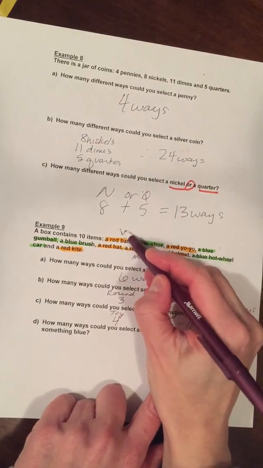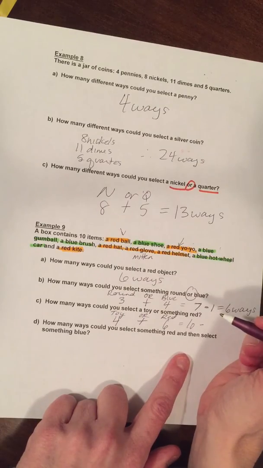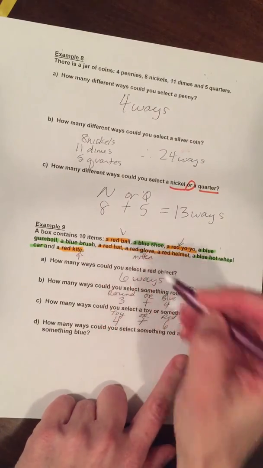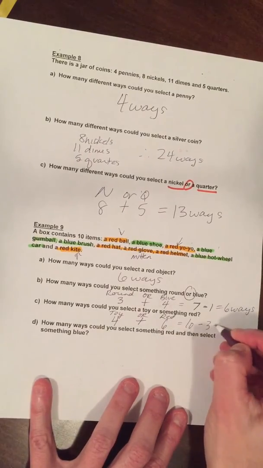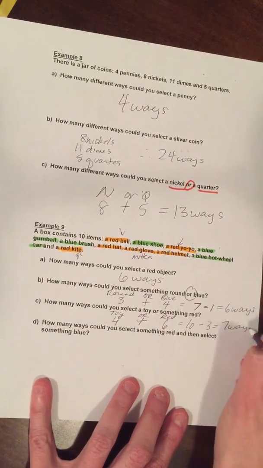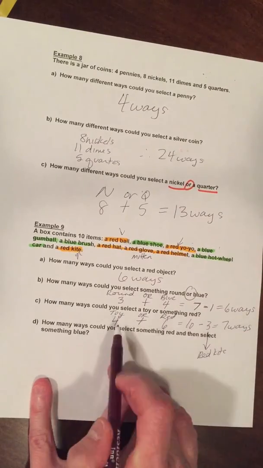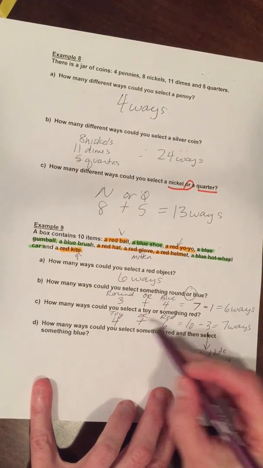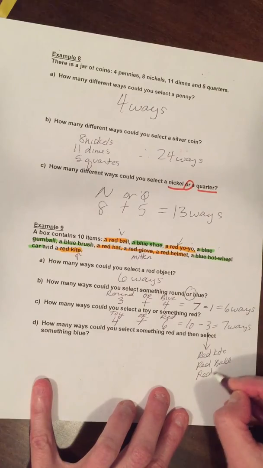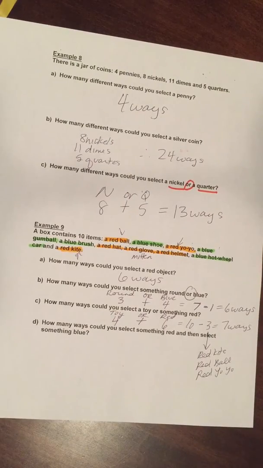The red ball we counted as a toy, and the red yo-yo we counted as a toy, and the red kite we also counted as a toy. So technically, there are 3 things that are overlapping. The red kite was counted as a toy and red. The red ball was counted as a toy and red. And the red yo-yo was counted twice. So we had 3 items that were overlapped.